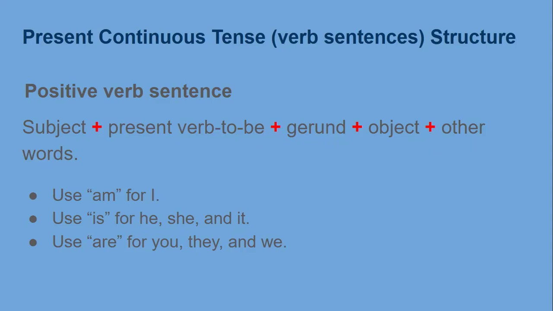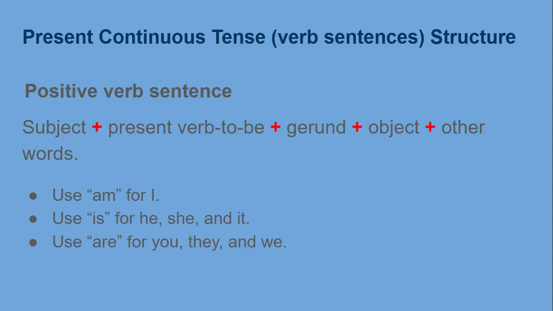All right, everyone. So I think everything is shaping up nicely with regards to the present continuous tense, positive verb sentence structure. So since we now know the rules associated with this structure, and of course, the structure that we need to follow when we are forming the positive verb sentence in the present continuous tense, we can try to apply these rules and the structure in the following exercise.